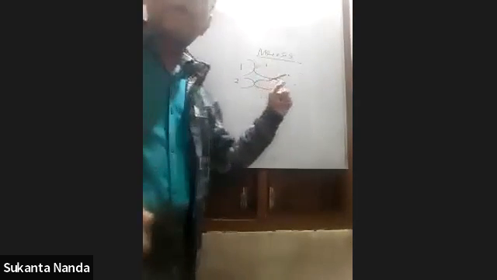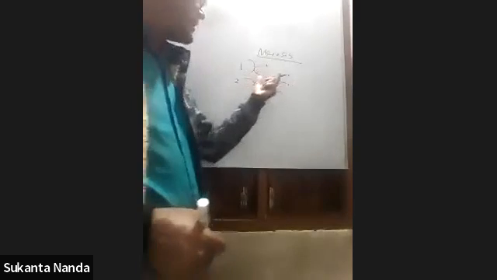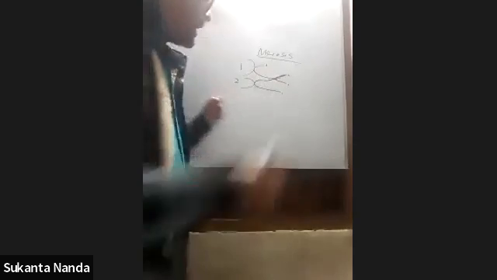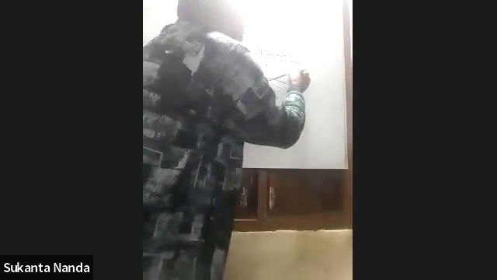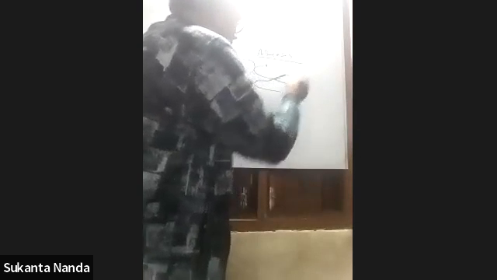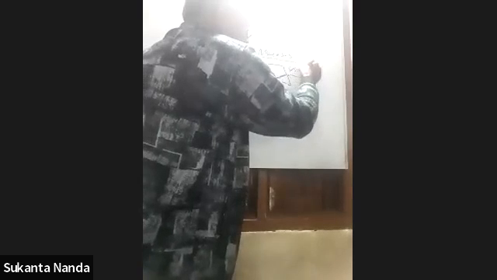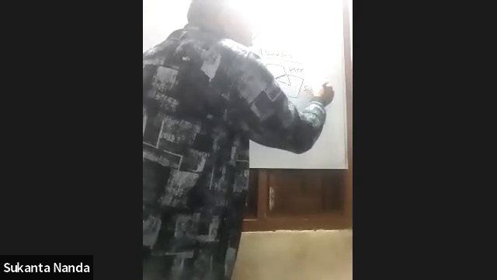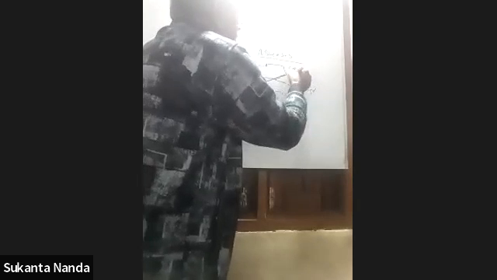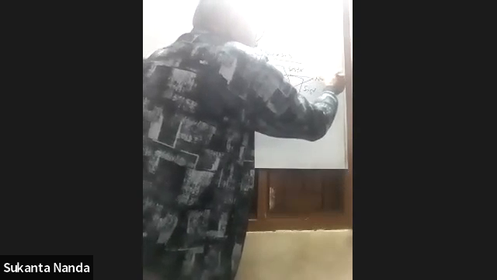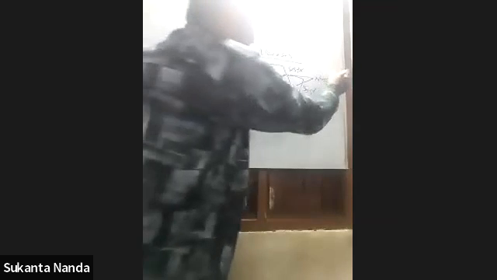Crossing over takes place between two non-sister chromatids. Yesterday I told you that 1 and 2 are sister chromatids, and 3 and 4 are also sister chromatids, but 2 and 3 are non-sister chromatids.